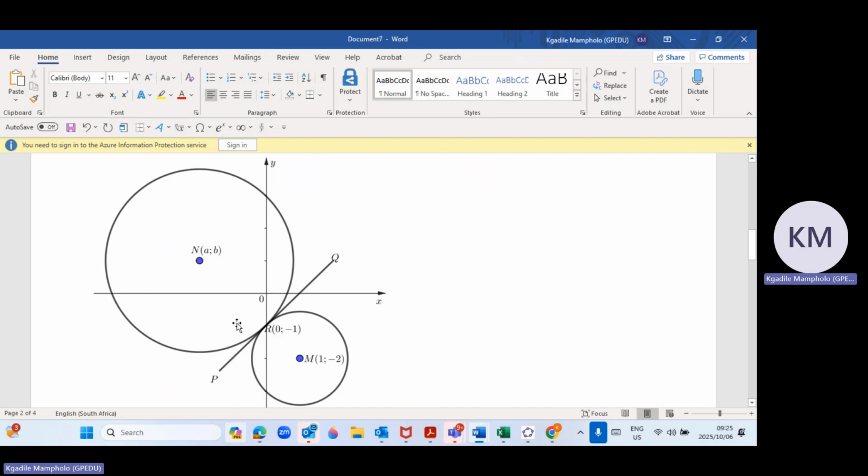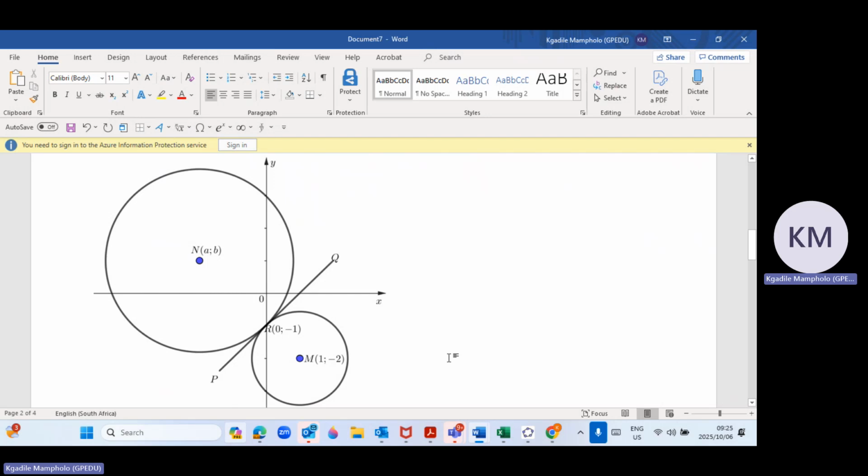So N, R, and M are collinear, on the same straight line. Therefore, the gradient will be the same. We form one equation by using the distance formula because we can determine the distance. We form the other equation by using the gradient formula because we can determine the gradient of MN. The reason being that M, N, and R are collinear.